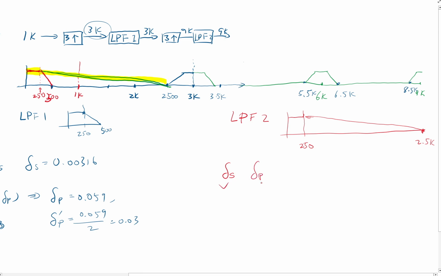We know the passband delta p hat, check. Then delta F is 2.5K minus 250 divided by 9K, because after interpolation we got 9K. This is 0.25, and if you plug everything into that equation at the beginning, you get N2 equal to 9.